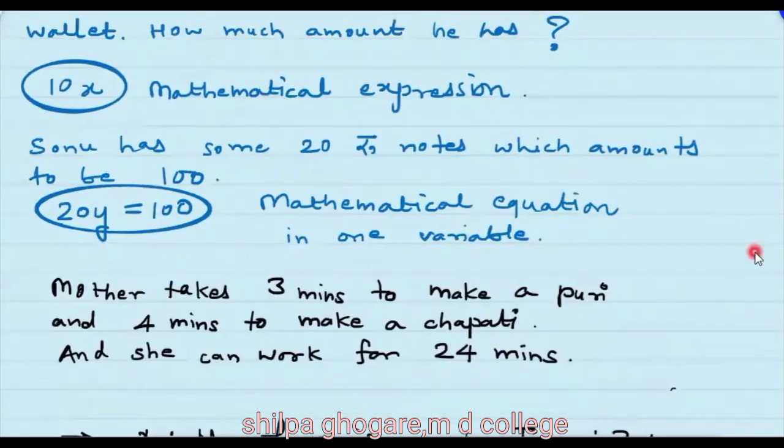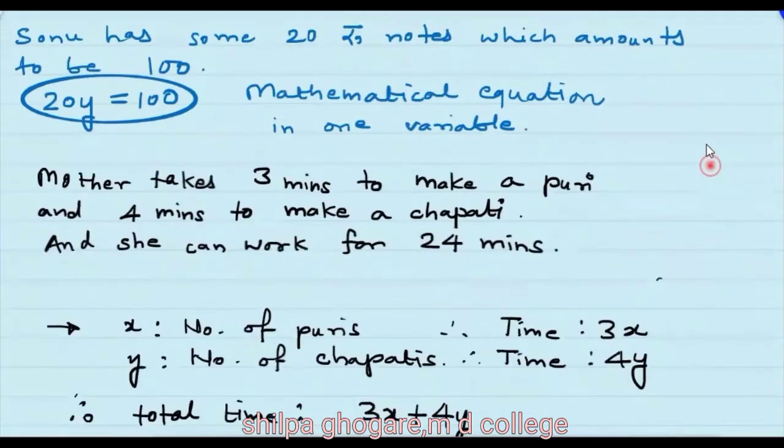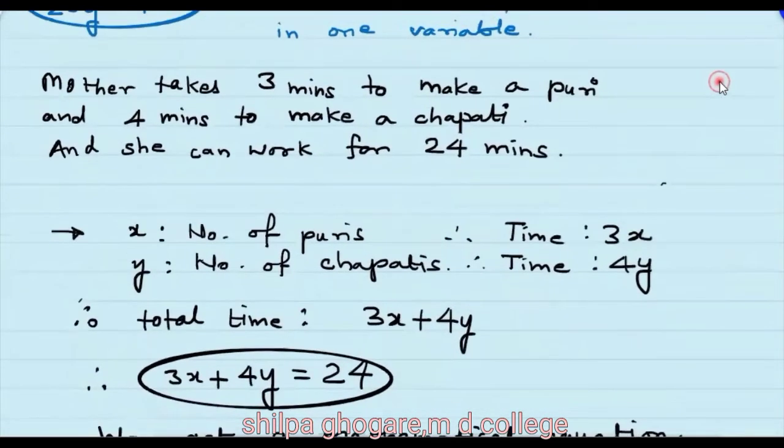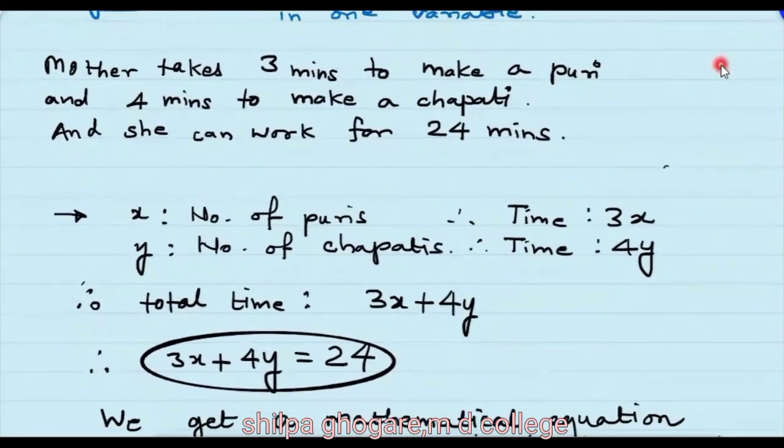Let's go ahead to another example. Suppose mother is taking 3 minutes to make a puri and 4 minutes to make a chapati, and she can work for 24 minutes. How will you convert this into a mathematical equation?